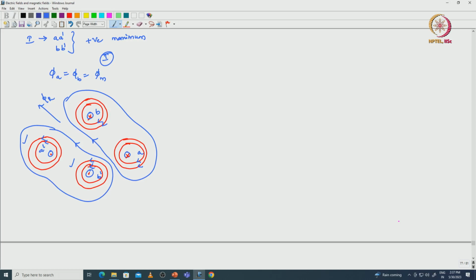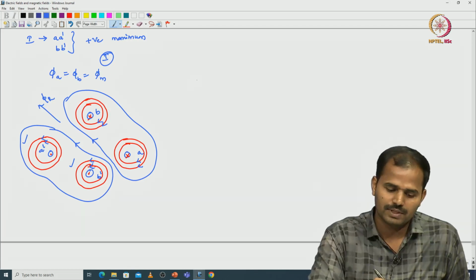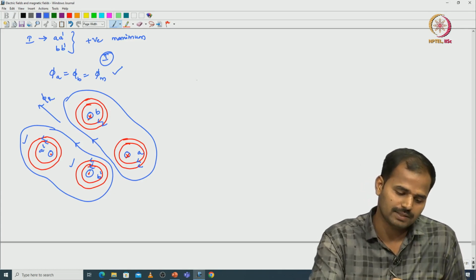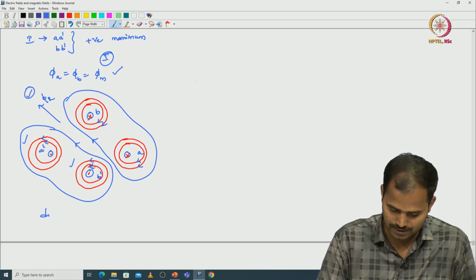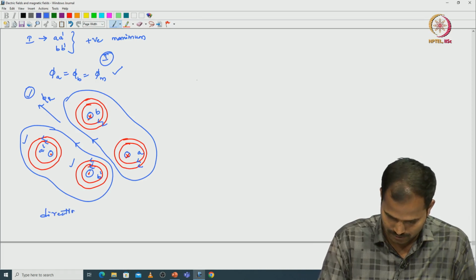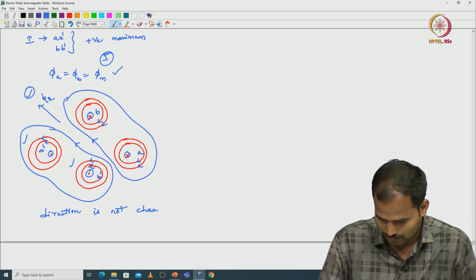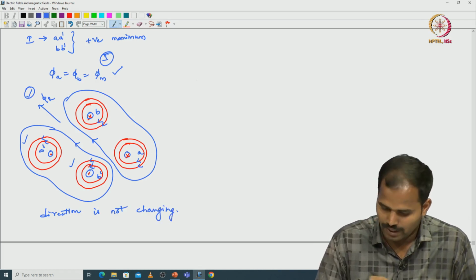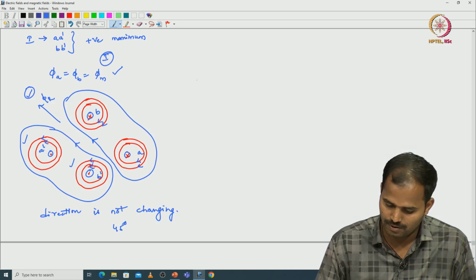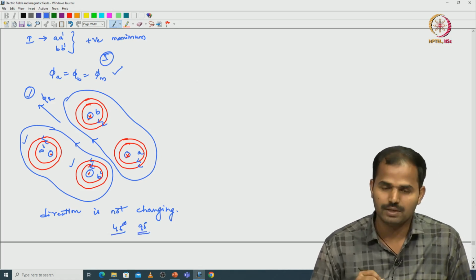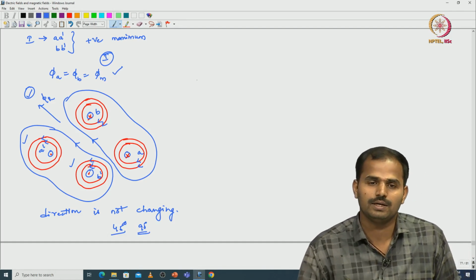Here the magnitude is changing with respect to the current magnitude, but the resultant flux direction is not changing. Direction is not changing with respect to 45 degrees and 90 degrees, because the current is in the same direction.